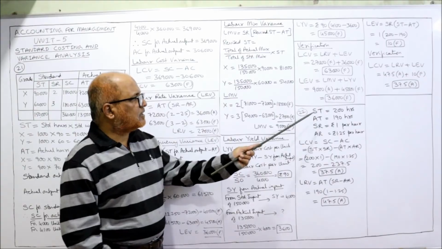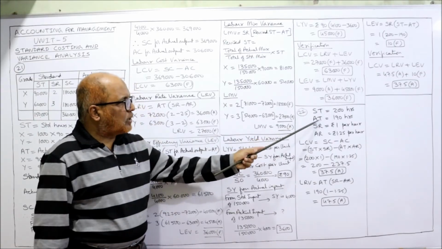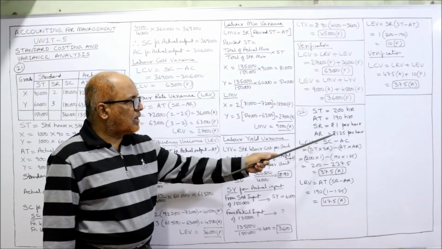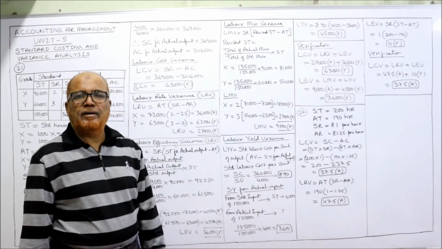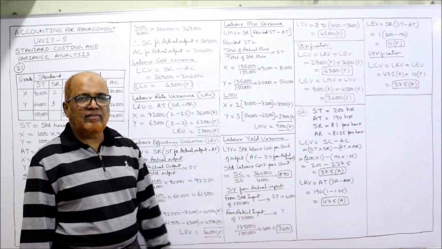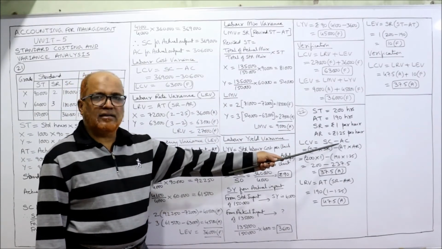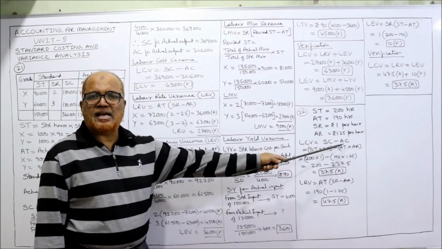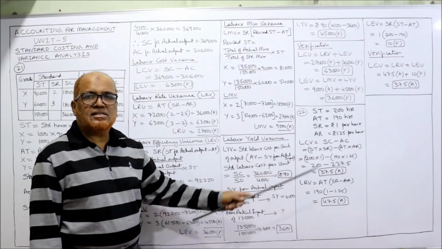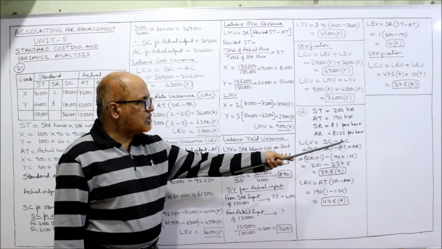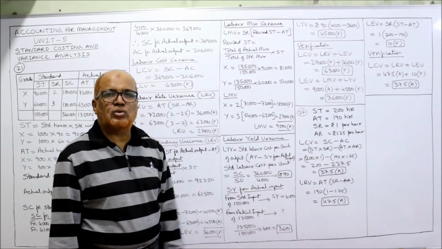Standard time is 200 hours and actual time is 190 hours. Standard rate 1 rupee per hour. Actual rate 1.25 per hour. Now we substitute. LCV, labor cost variance, is SC minus AC, standard cost minus actual cost. Standard cost is standard time into standard rate and actual cost is actual time into actual rate.